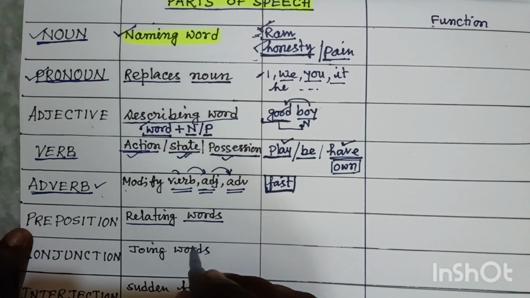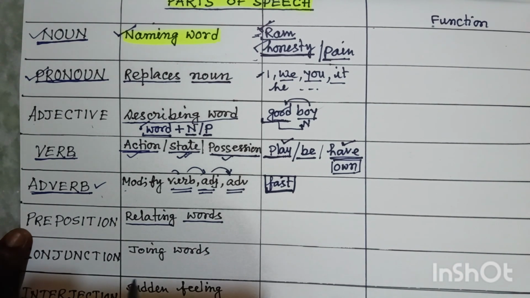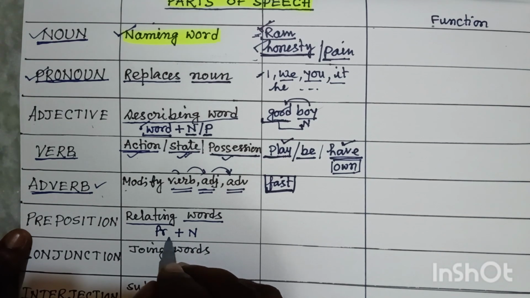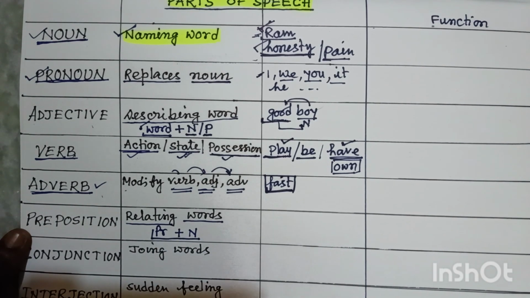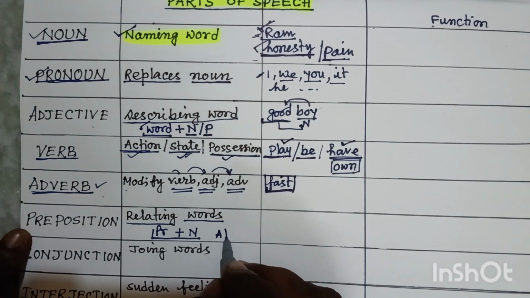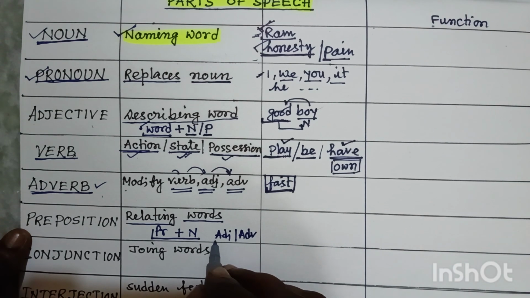Now, preposition. Friends, preposition is a relating word. It is placed before the noun, and it actually makes a prepositional phrase, and this prepositional phrase acts as adjective or adverb.